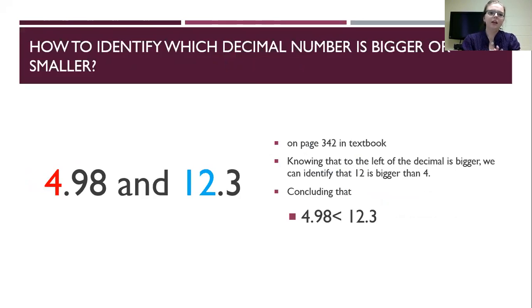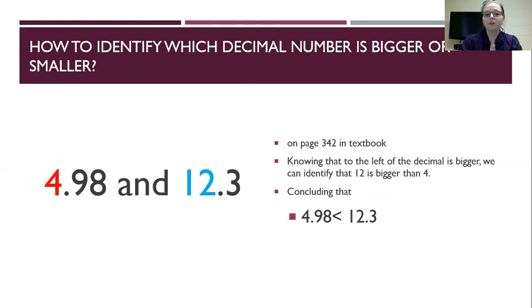So here we're going to talk about how to identify which decimal number is bigger or smaller. This is on page 342 in your textbook. Okay, so we got 4.98 and 12.3. What we need to do is look to the left of the decimal. That's going to show us the whole numbers that we're going to be looking at. So we know that 4 is a whole number and 12 is a whole number, and they're both positive, so which one is bigger?